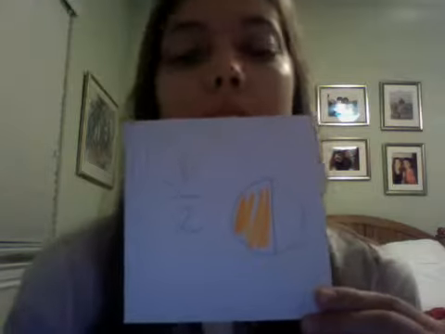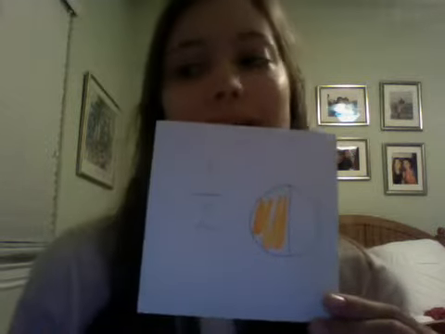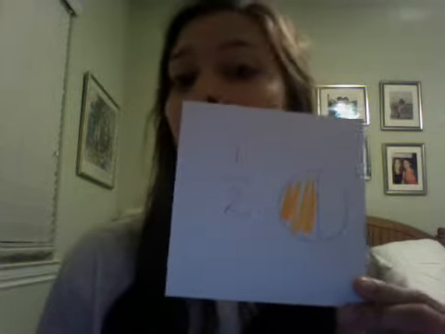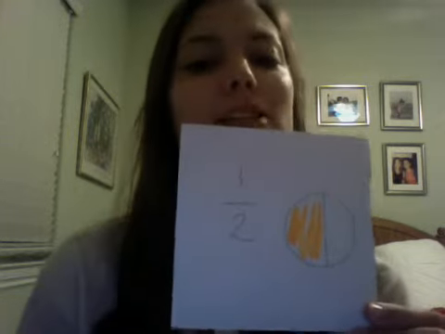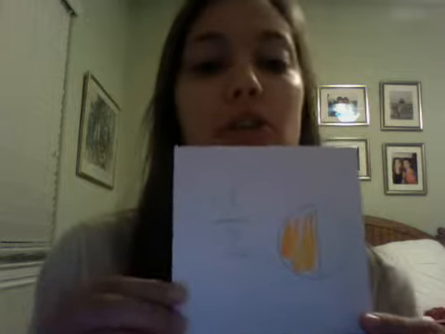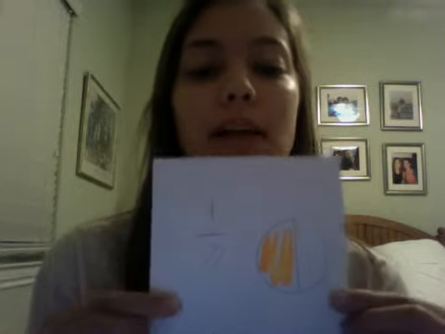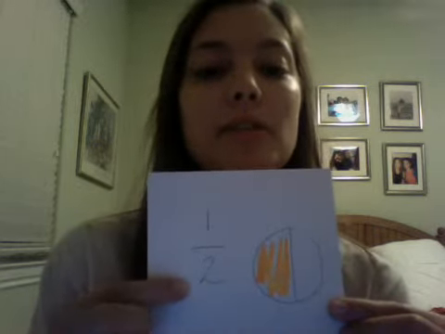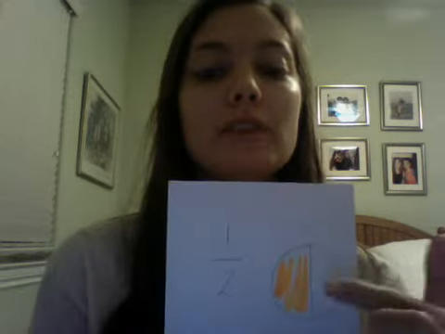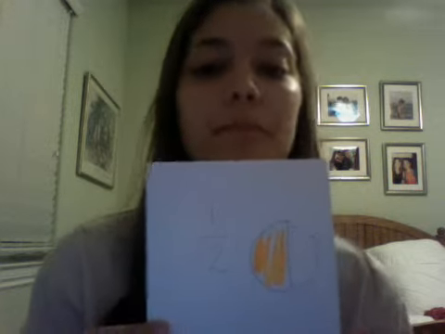So here's another one. So how many slices does this pizza have? They're pretty big slices. 2. Yes, this pizza has 2 slices. So there's 2 possible slices at the bottom. That's why the 2 is at the bottom, because there's only 2 different slices to choose from.